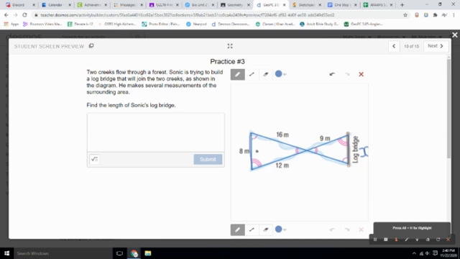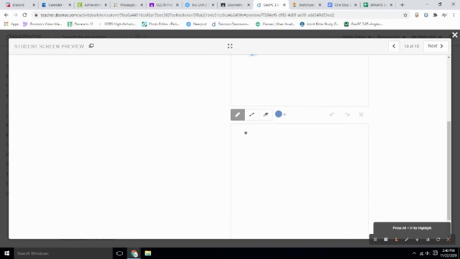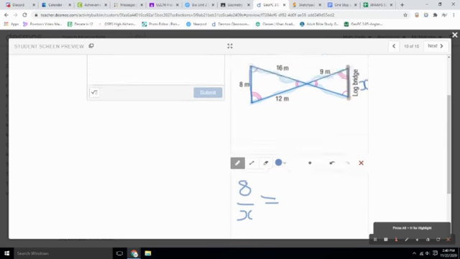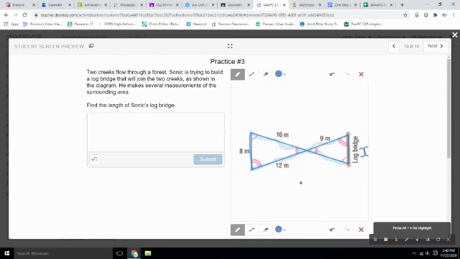As a result, I know that this side and this side is congruent. Okay. So I can set up a proportion, which would be the 8 over x. Could set that one up. Okay. Now I just need one more pair of similar sides.